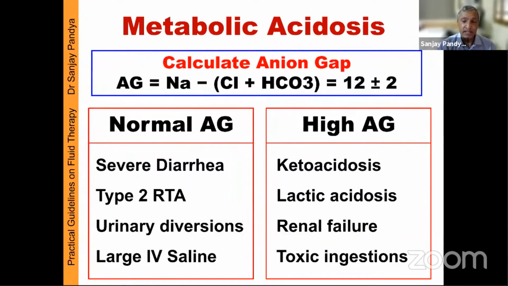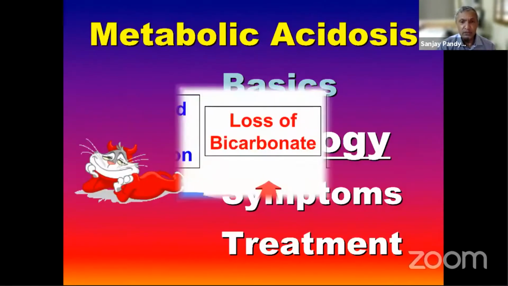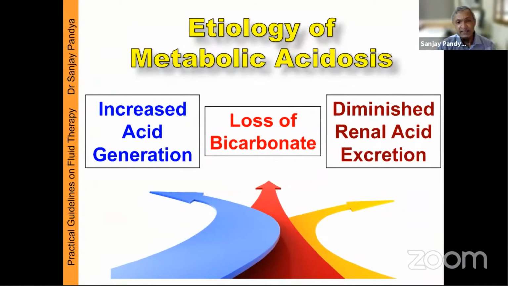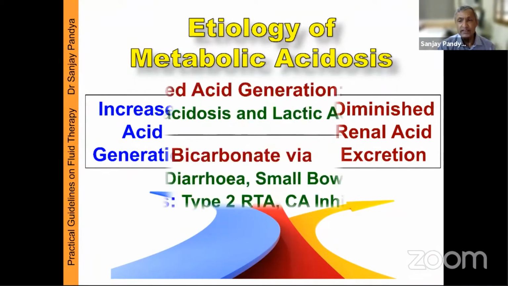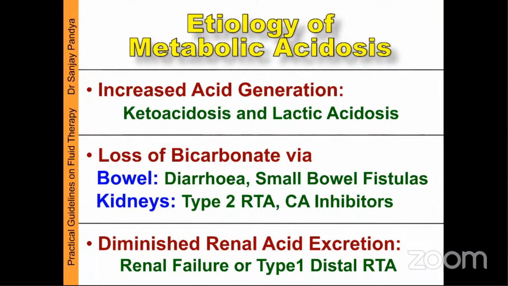High anion gap causes are ketoacidosis, lactic acidosis, renal failure and others. Now, when we talk about etiology, basically either there is increased acid production, or bicarbonate is lost, or there is diminished renal acid excretion. These are some of the important causes, which we have summarized here. We will not go in depth on each one.